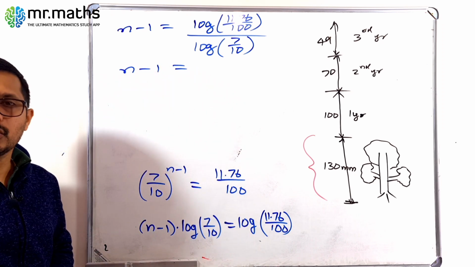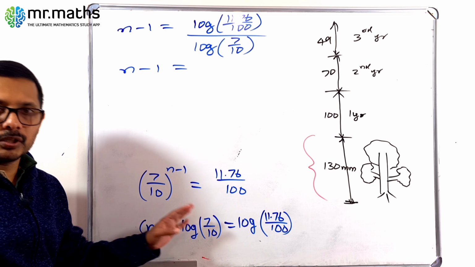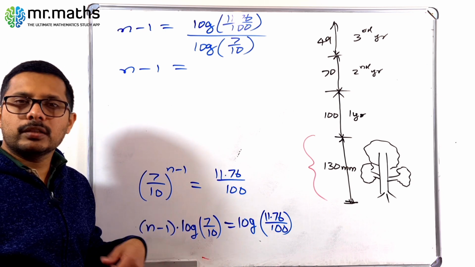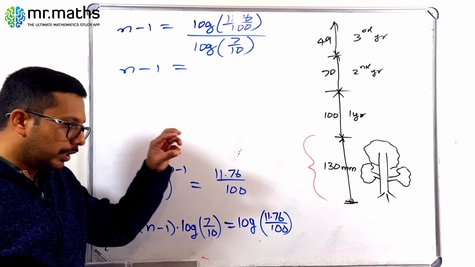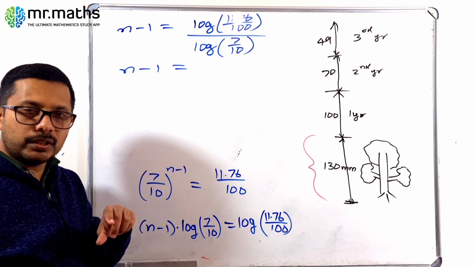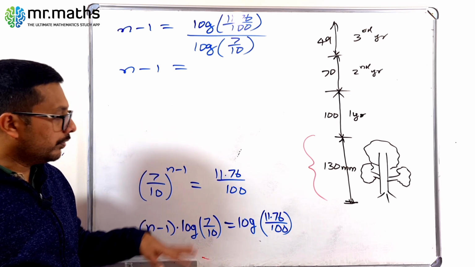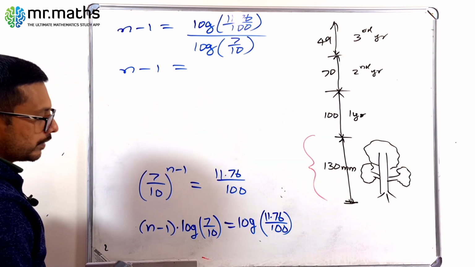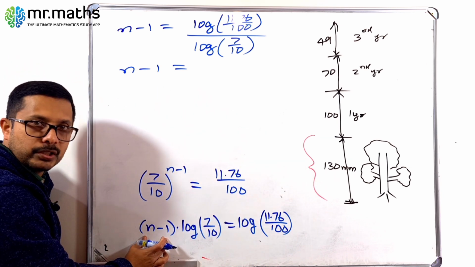Okay, guys, don't be confused. You can just follow what is in your logarithmic method. There are different methods, different ways we can write that one. It doesn't matter if in your school you studied it like this. From here, how can you find n minus 1? That is the question.